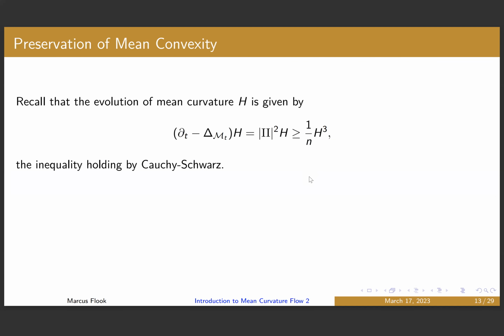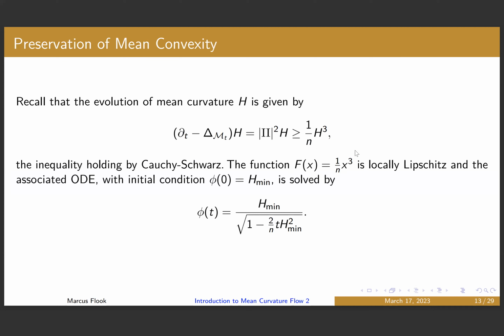So in this case, the locally Lipschitz function, which is going to be smooth, is f of x equal to 1 on x cubed. Now, the associated ODE with the initial condition of just the minimum mean curvature is solved by the following function, manipulated a bit so that we can see when this blows up to infinity quite nicely.